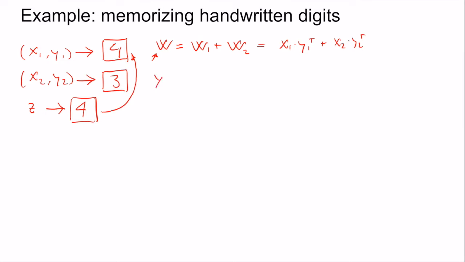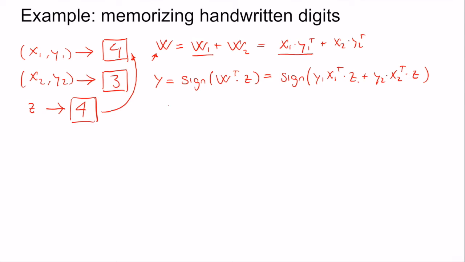So now y will be equal to the sine function of my matrix of weights w transposed times z. This can also be written as the sine function of y1 x1 transpose times z, because the transpose of w1 is y1 times x1 transpose, plus y2 x2 transpose times z, the transpose of w2.